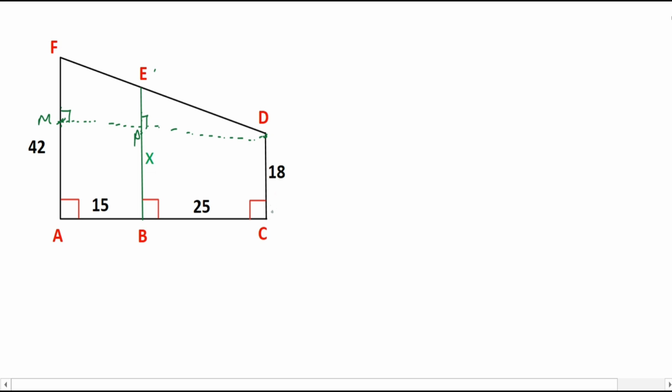So if side length CD is 18 units, that means AM will also be 18 units, and AF is in total 42. That means MF will be equal to 42 minus 18 units, that will be equal to 24 units.